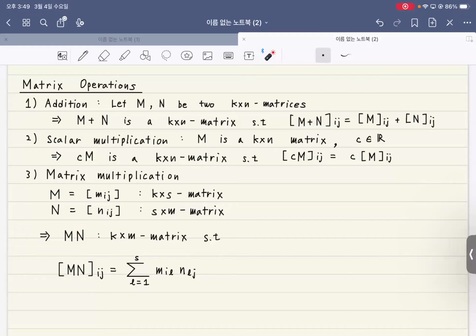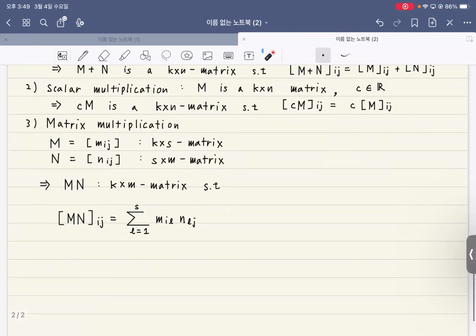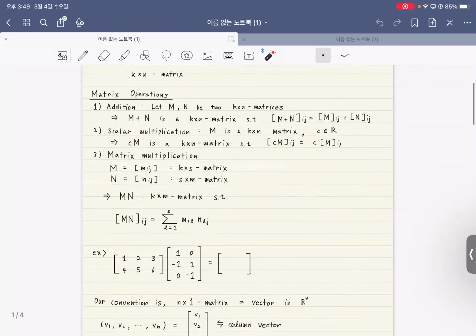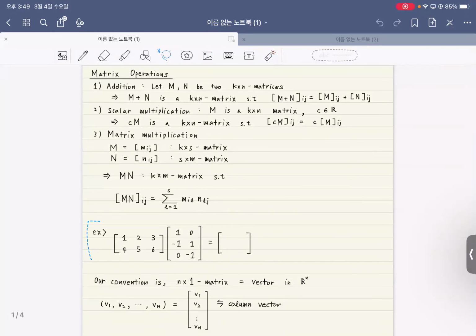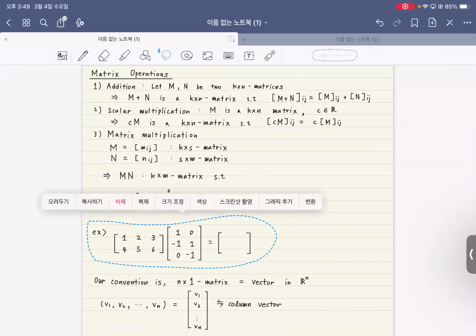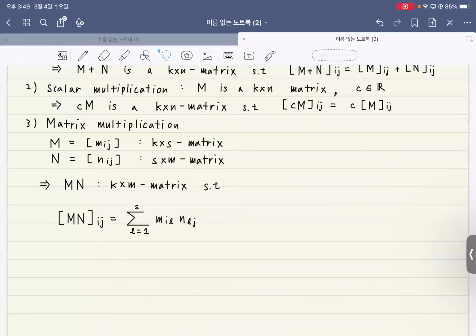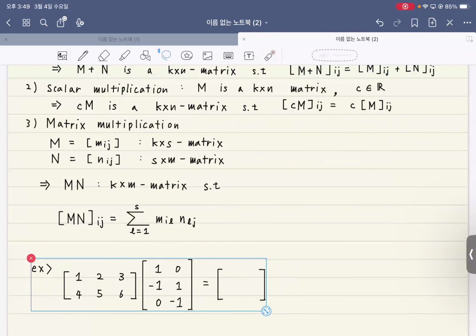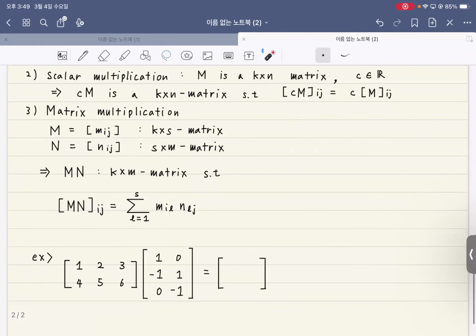So, okay, if you have never heard about matrix multiplication, this thing looks quite new to you, but you may understand it as some sort of dot product.